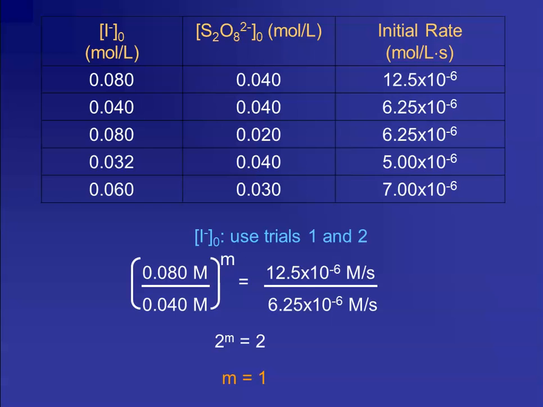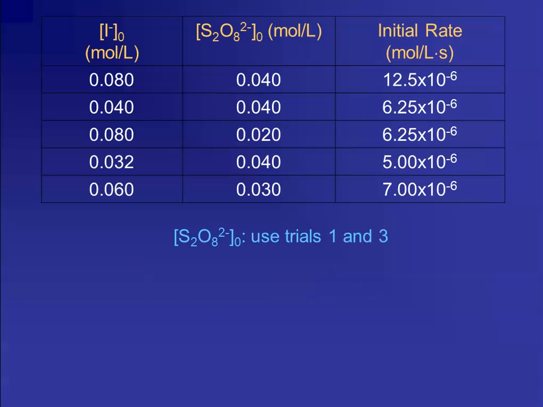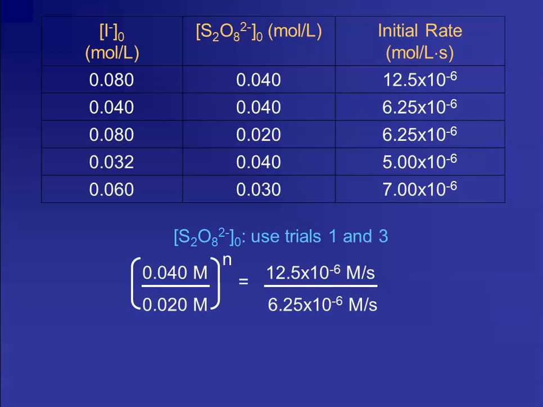I do think, however, experiments 1 and 3 are going to allow us to explore S2O8 2 minus's impact on the rate of our reaction. It's changing there while I minus is staying constant. So when I compare those two, I get that the order with respect to S2O8 2 minus is going to be 1.